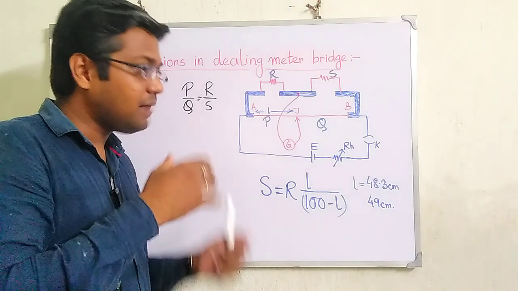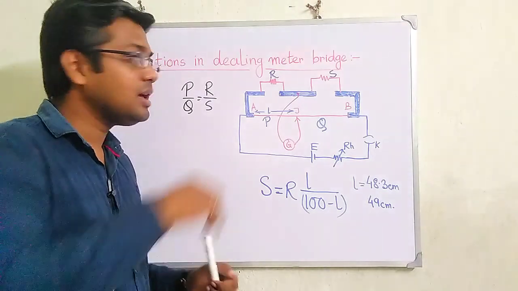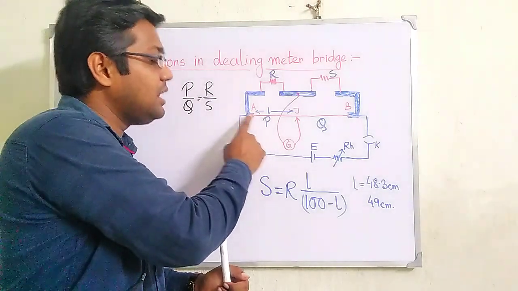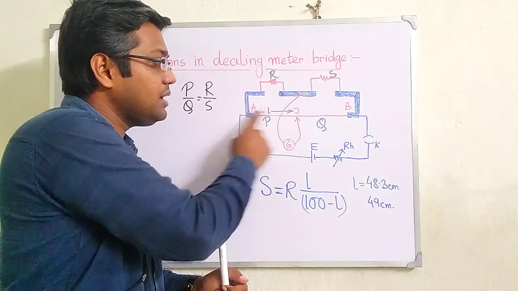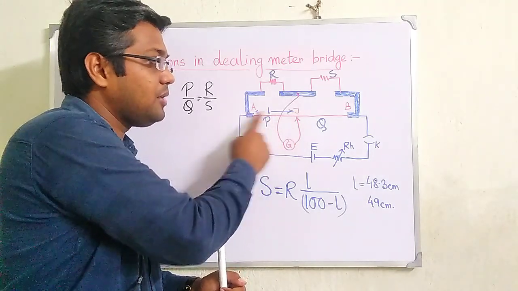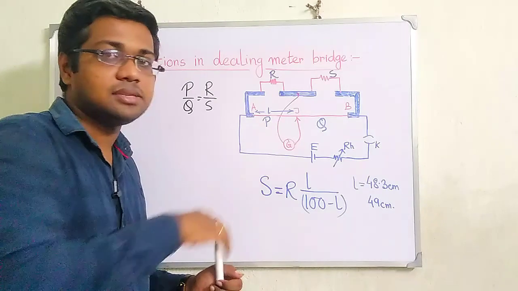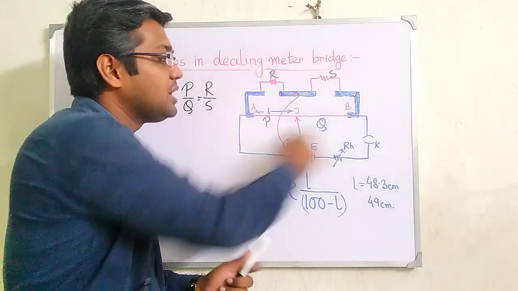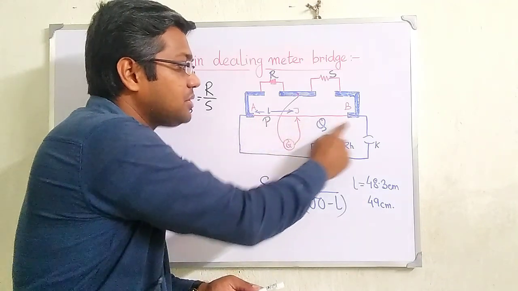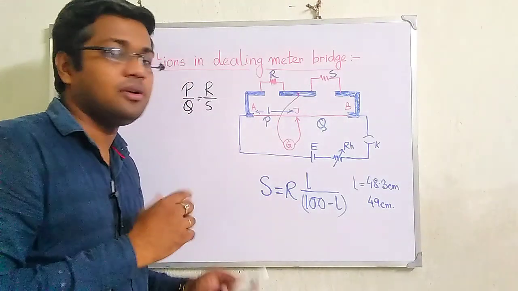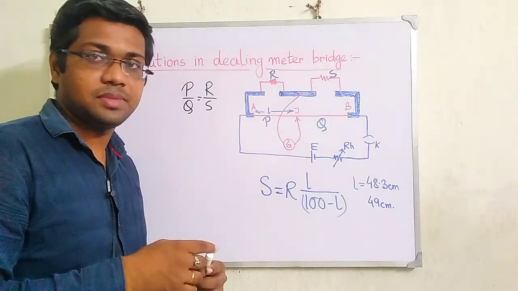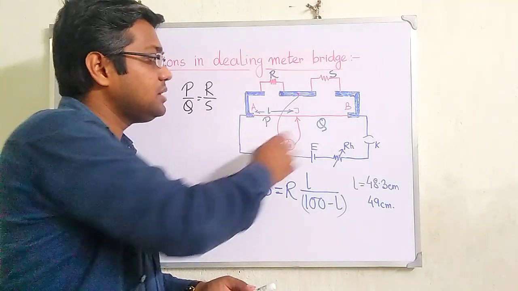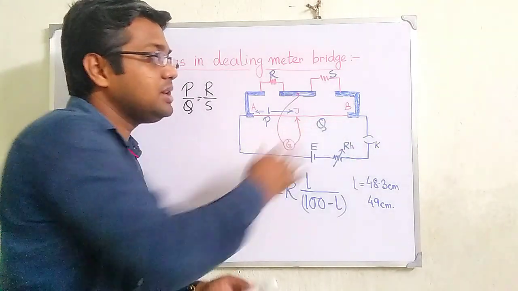After finding the null point, we take the length from point A to the null point. That length is considered as small l. Since it is a meter bridge, the length of this wire is 100 centimeter or 1 meter, so the rest of the length will be 100 minus l.